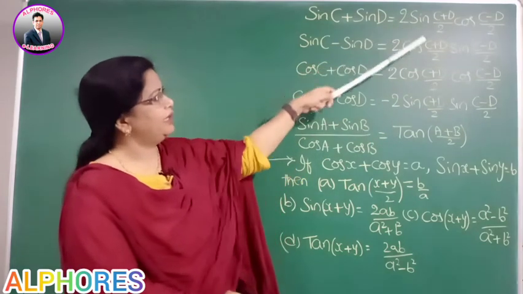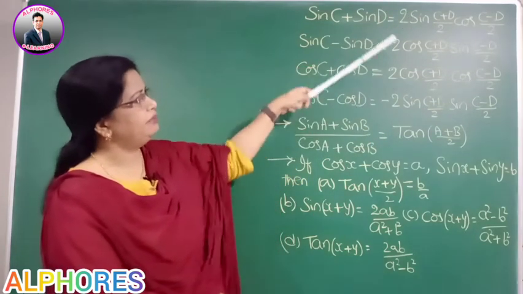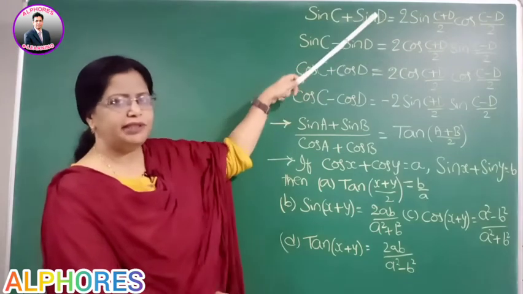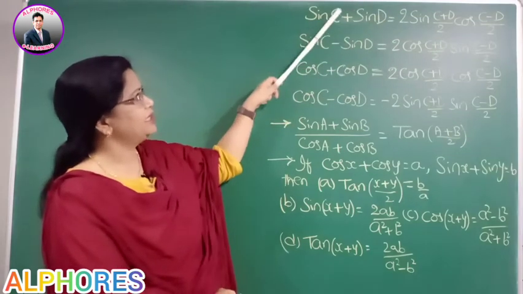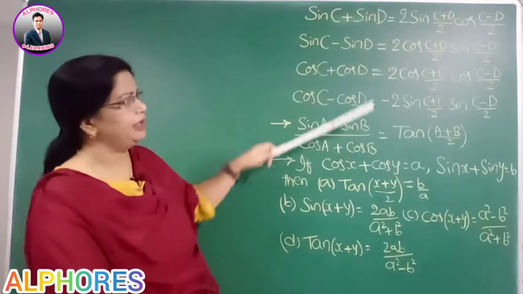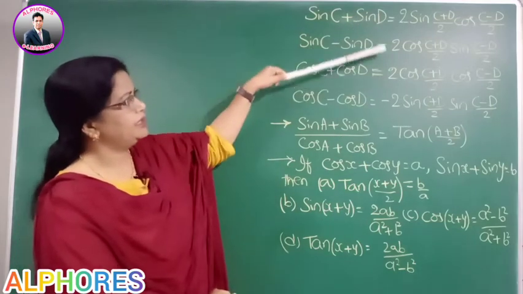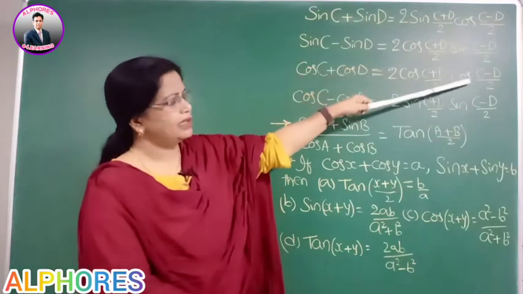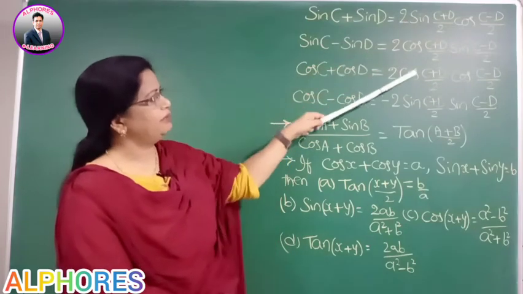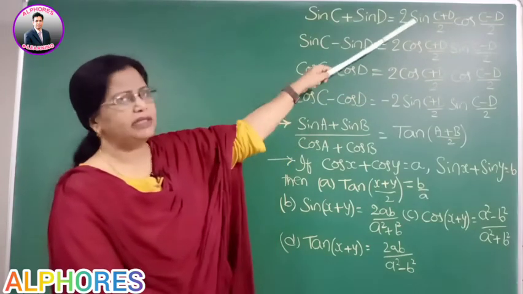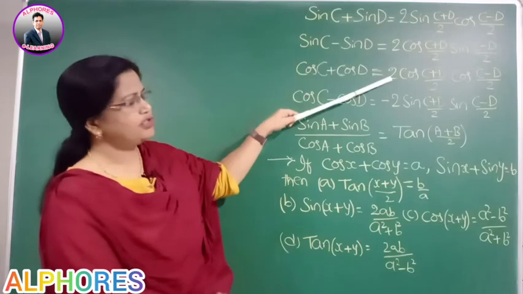Now if you divide this by this one, only we did. The only thing is we have changed names, right? Here C and D, and here we are having A and B. So this divided by this one, then cos and cos get cancelled. You will be left with which value here? Tan (C plus D)/2, by cancelling 2 also.